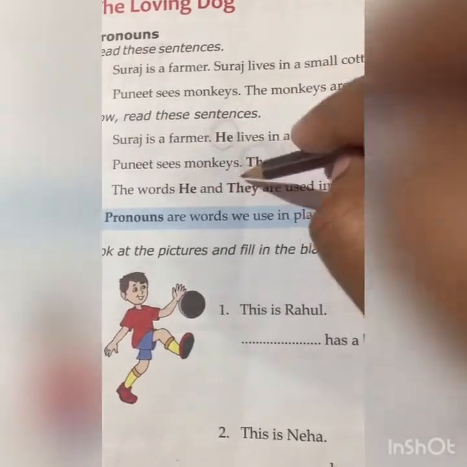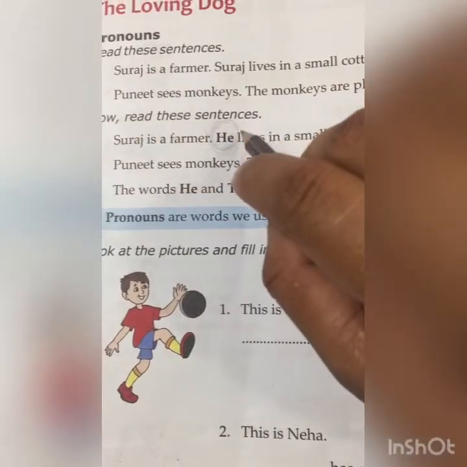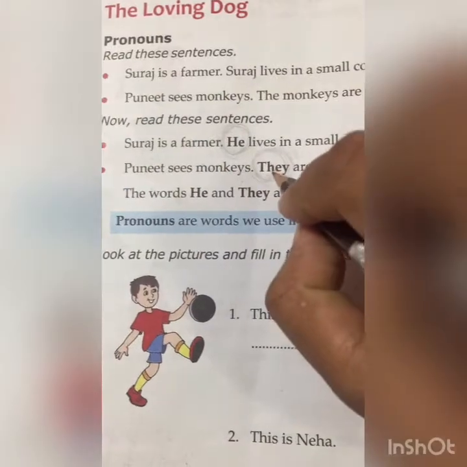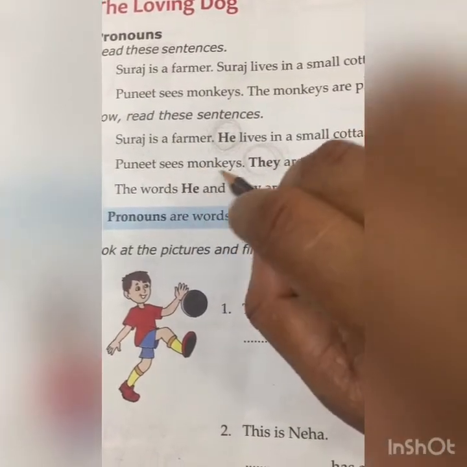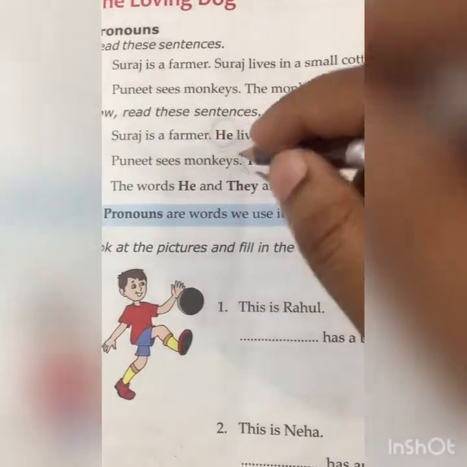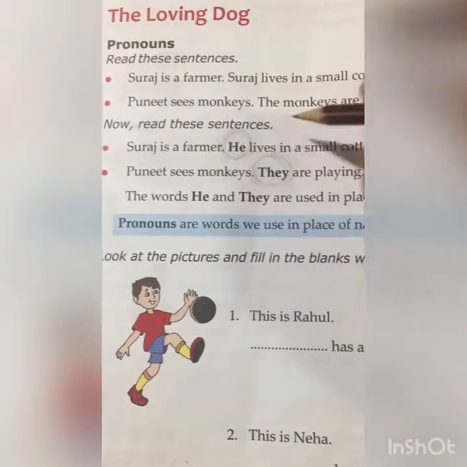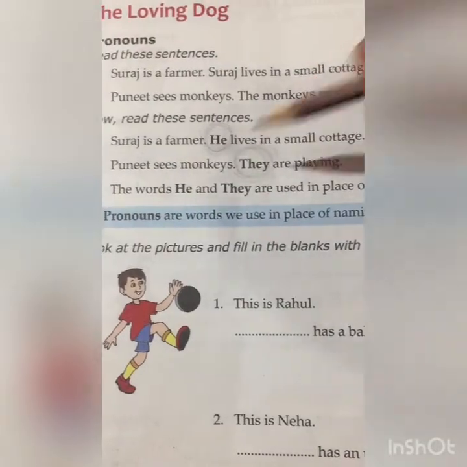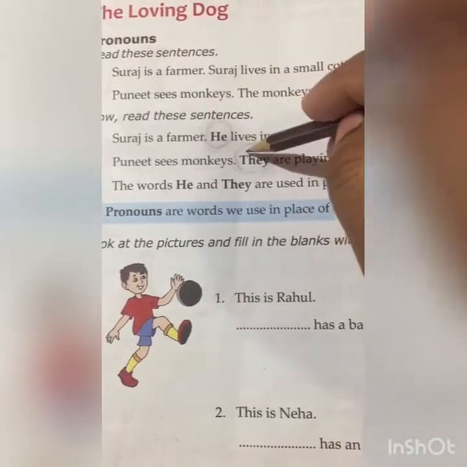Here we use he instead of Suraj. Suraj is a name, right? And here we use they instead of monkeys. Monkeys is also a naming word, a noun, right?